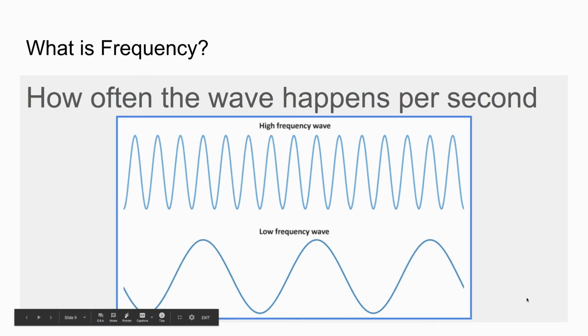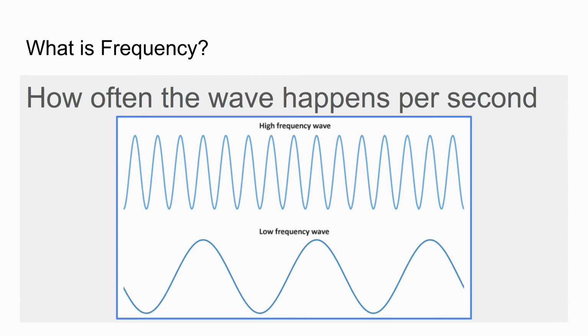Next, let's clarify. Frequency is how often a wave happens per second. This one here, high frequency, it is happening frequently, and so I see more crests and more troughs. This one is a low frequency, so therefore it is a noise that sounds like low pitch, and it is happening fewer times per second.